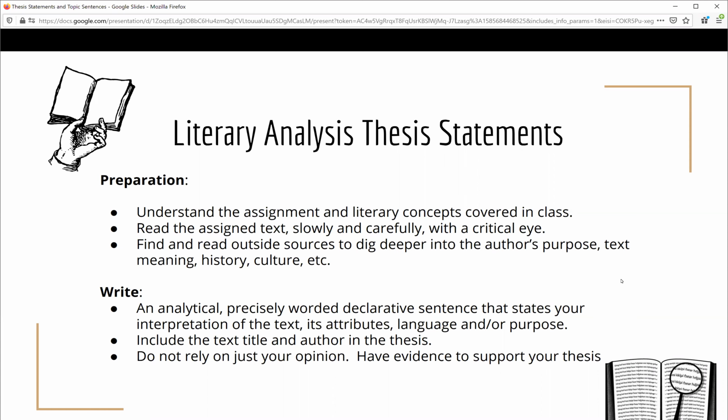It may help you if you find some outside sources to dig deeper into the author's purpose, the text, the meaning, the history, and the culture. Then, when you write your statement, be sure that it is an analytical, precisely worded sentence that states your interpretation of the text. Be sure to include the title and author of the text. Remember, you must be able to support your thesis with quotes or evidence from the text, so go back and read it one more time.